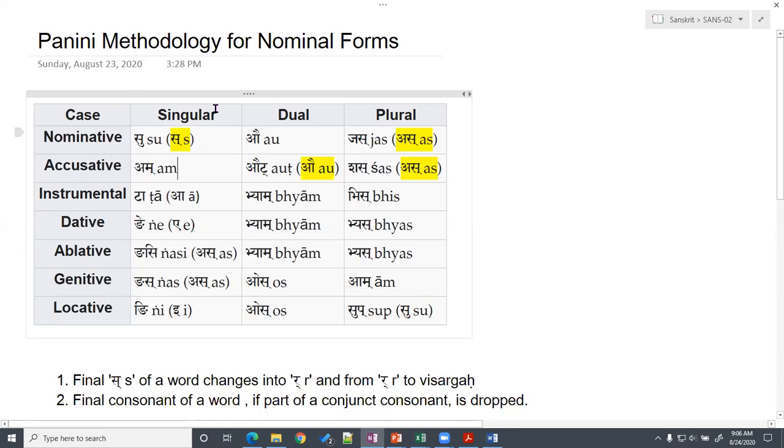Su, au, jas. Au, shas. Ta, bhyam, bhis. Ne, bhyam, bhyas.